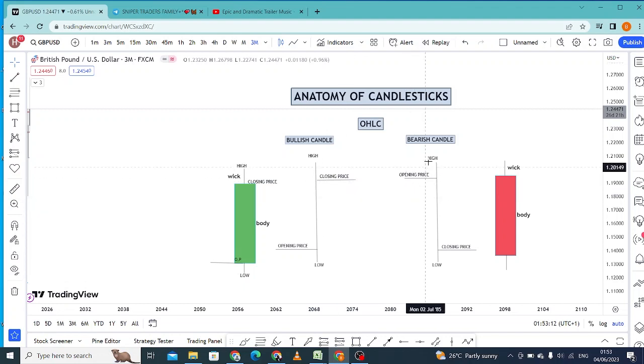So it is also for the bearish candle. The bearish candle always opens with a skeletal system like this, creates the high of the bearish candle, then comes down to create the low before closing of that particular candle.